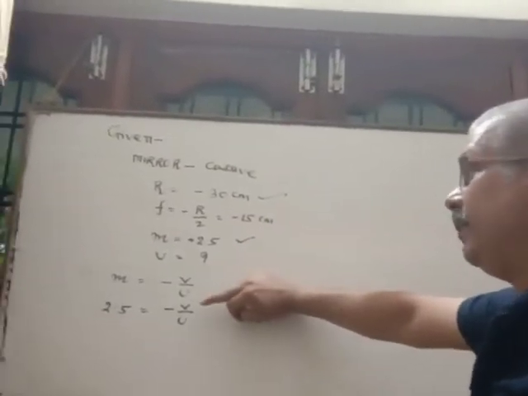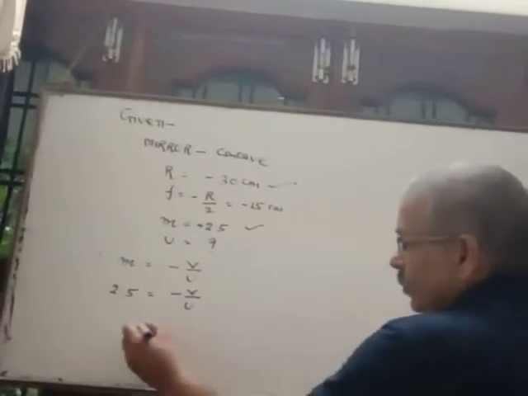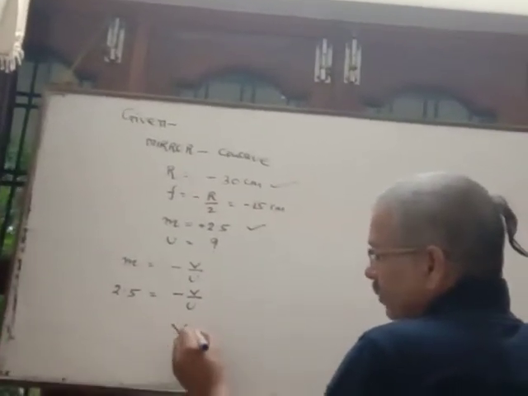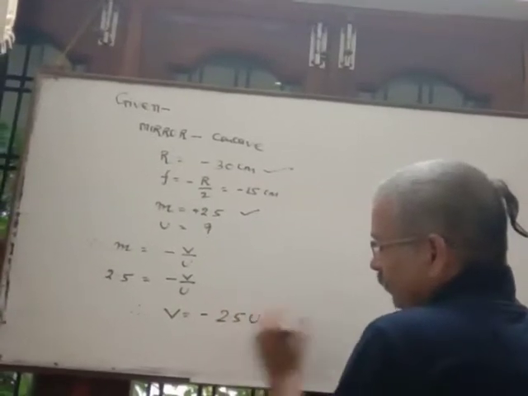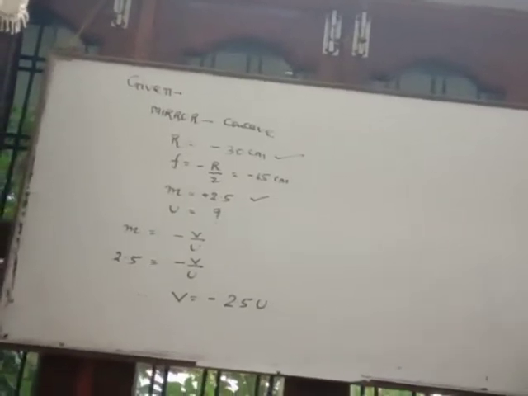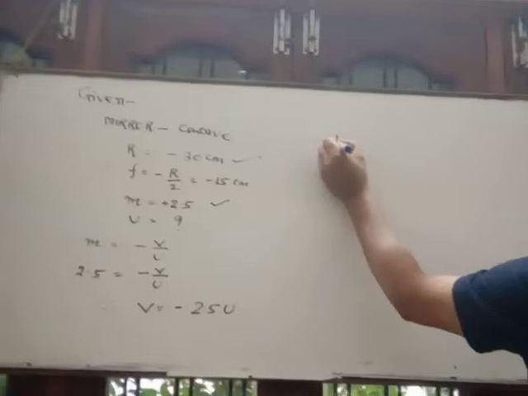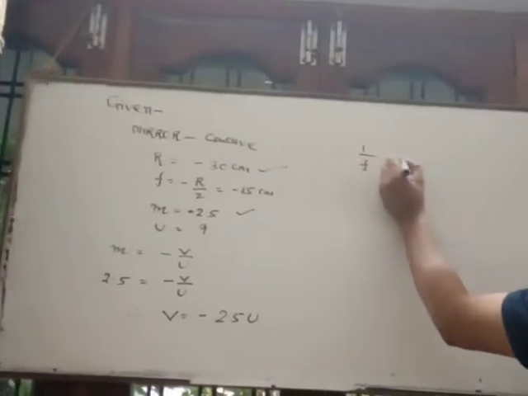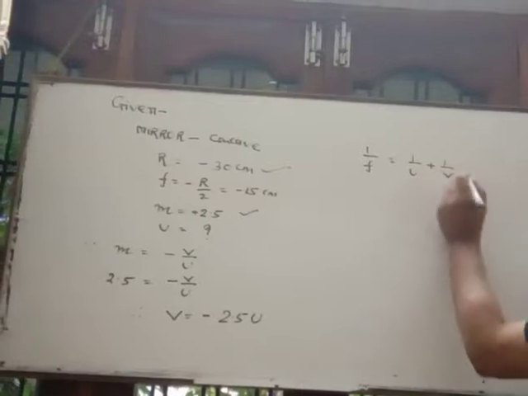It means you will eliminate V in terms of U. Therefore, V is equal to minus 2.5 U. By mirror formula, 1 by F is equal to 1 by U plus 1 by V.